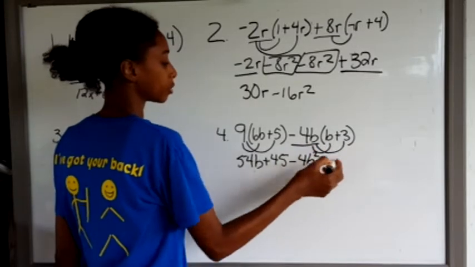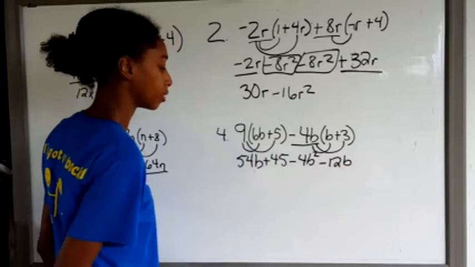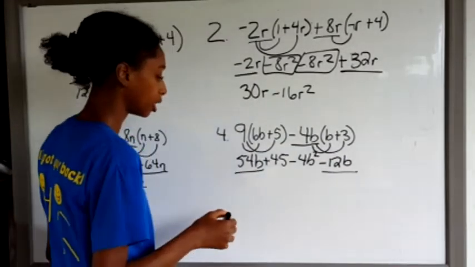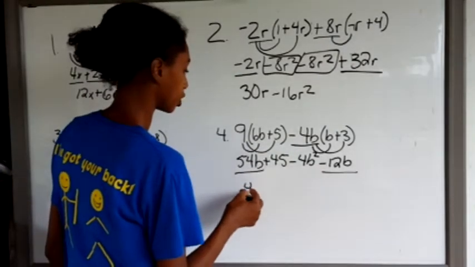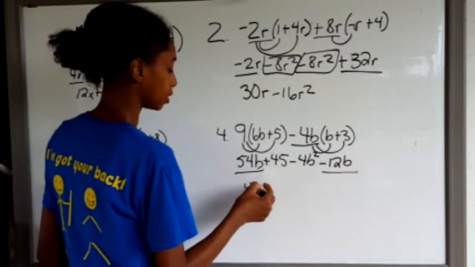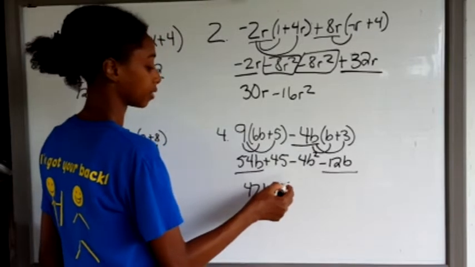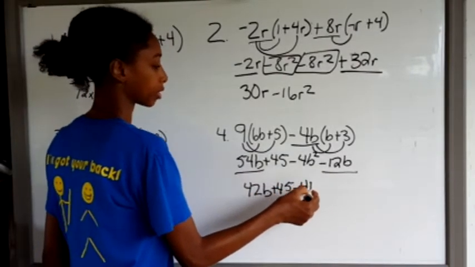Negative 4b times 3 is negative 12b. Take our like terms, 54b and negative 12b. 54 minus 12 is 42, so it's going to be 42b. Bring down our positive 45 and bring down our negative 4b squared.